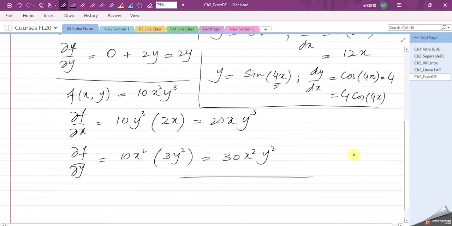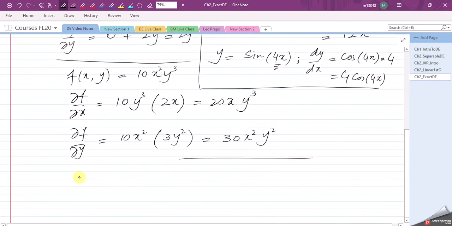Let's try a similar example in partial derivatives. Let's say our f of xy is e power 3x square plus 4xy. This whole thing is in the power of e. Okay? What should be partial f by partial x? What do you think?